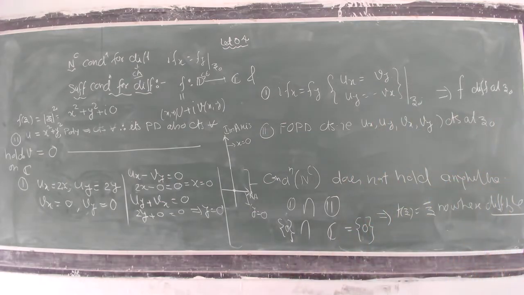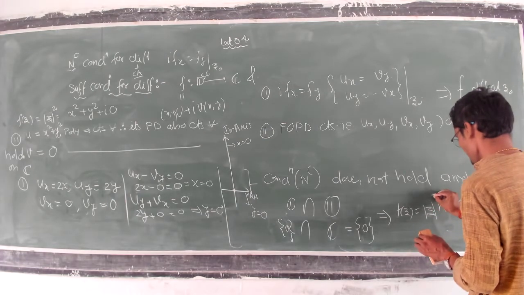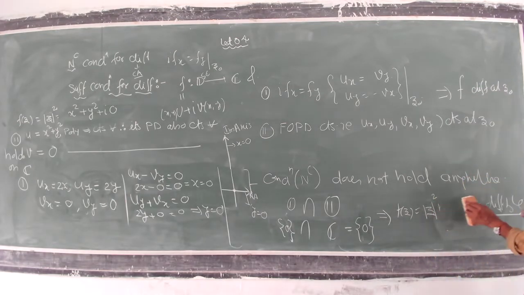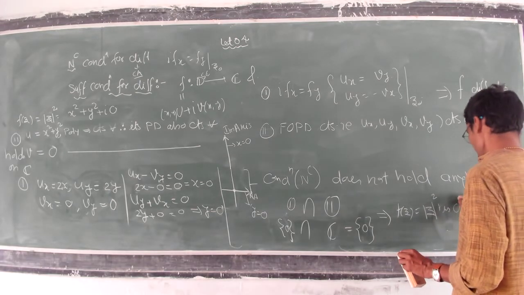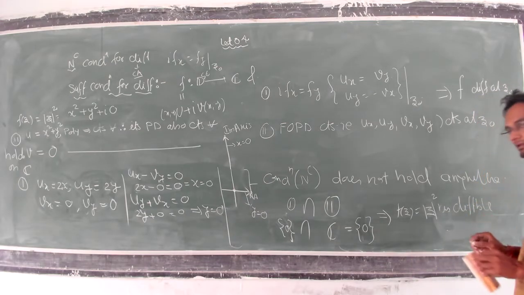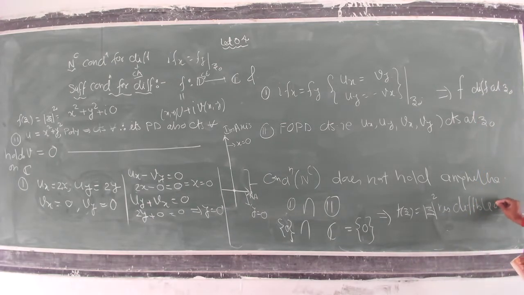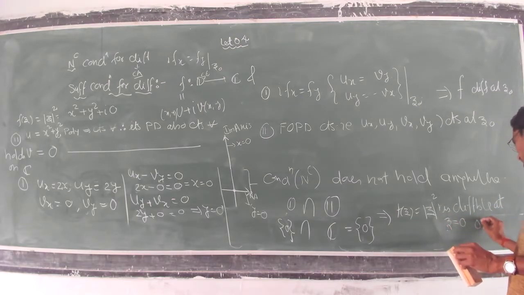Single point 0. This implies that f(z) is equal to mod z square is differentiable at z is equal to 0 only.